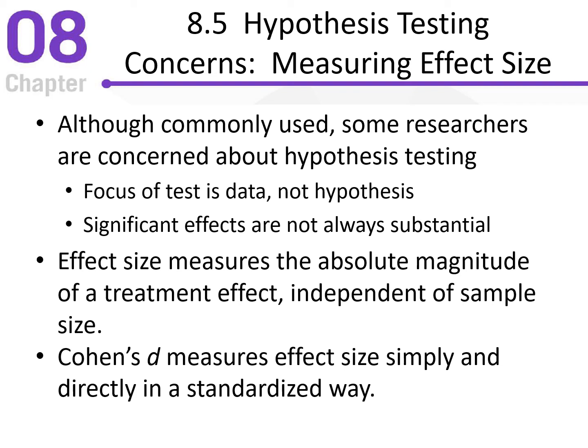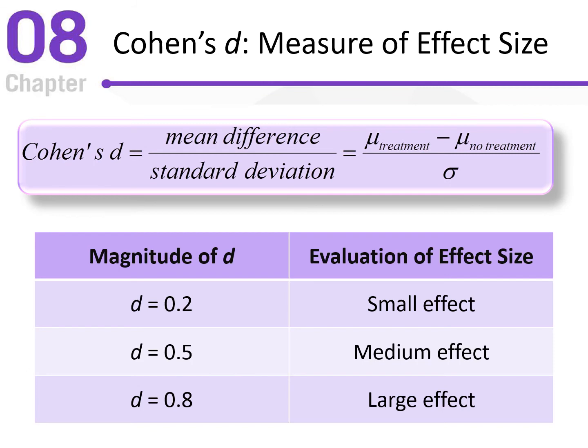And Cohen's d is a very simple way of comparing means that allows you to see how big the effect is. So you calculate Cohen's d by looking at the mean difference, so the mean of the treatment minus the mean of the no treatment, which is the null, right?